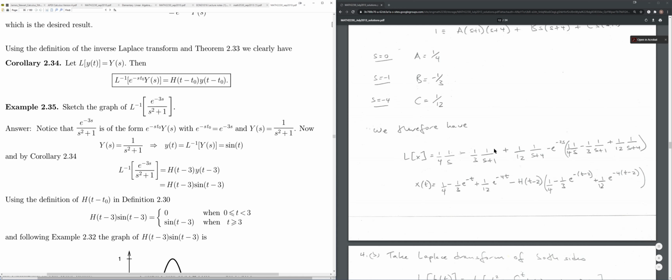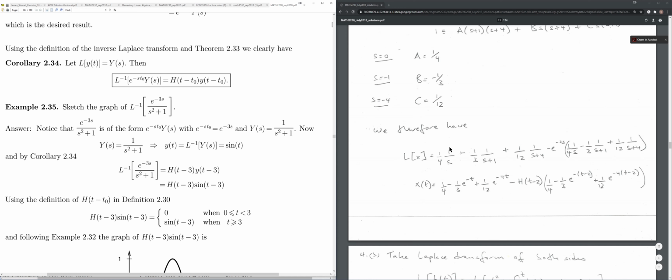Okay, so before I use the t-shift to work this out, we want to work out the Laplace inverse of this entire thing. Now by linearity, to get the Laplace inverse of this sum over here, you're just going to take the Laplace inverse of each of the terms in your sum.